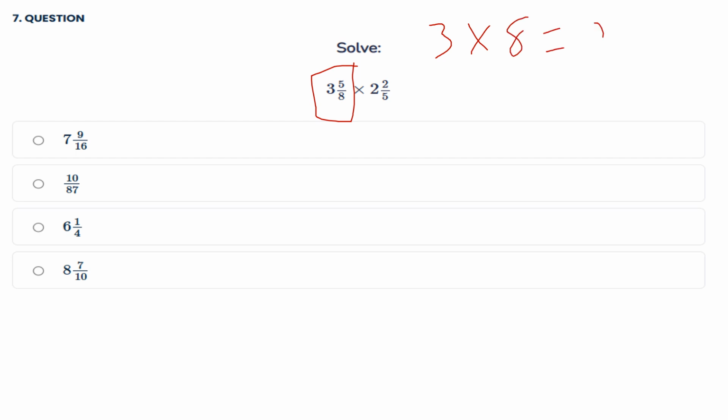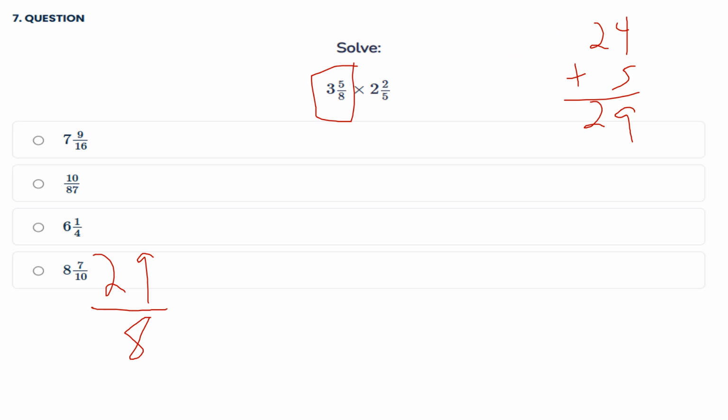That gives us 24. Then we're going to add the numerator onto there. That gives us 29. And we use that denominator 8 to get our denominator. Now we have that mixed number turned into an improper fraction.